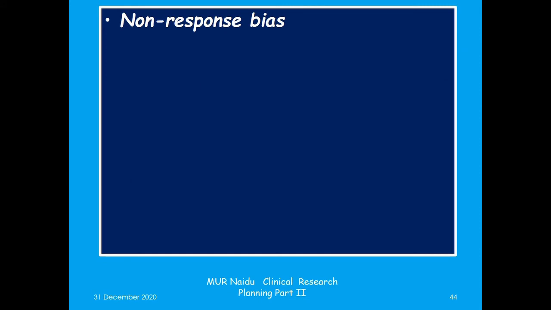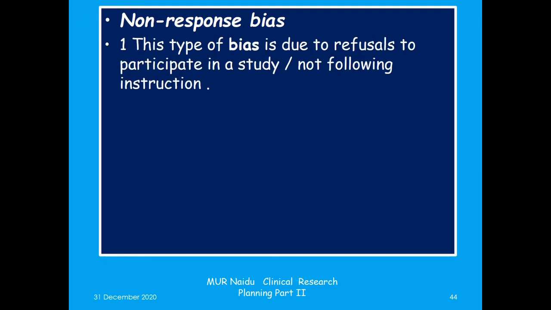The next bias is non-response bias. This type of bias is due to the refusal of the participant in a study to follow a particular instruction, and not following the instruction which is given.